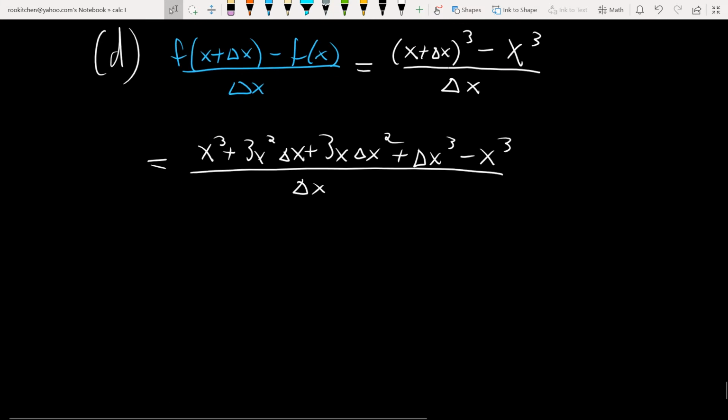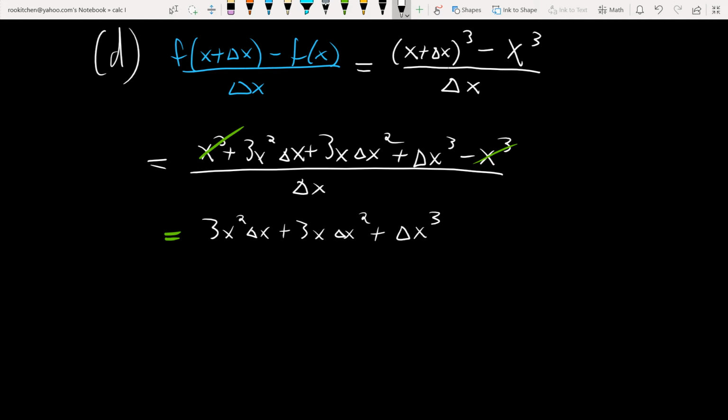Okay, simplify it, so the x cubes will cancel. Boom, boom. And we're left with 3x squared change in x plus 3x change in x squared plus change in x cubed. For reasons to be announced later, we'll want to get the change in x out of the denominator.